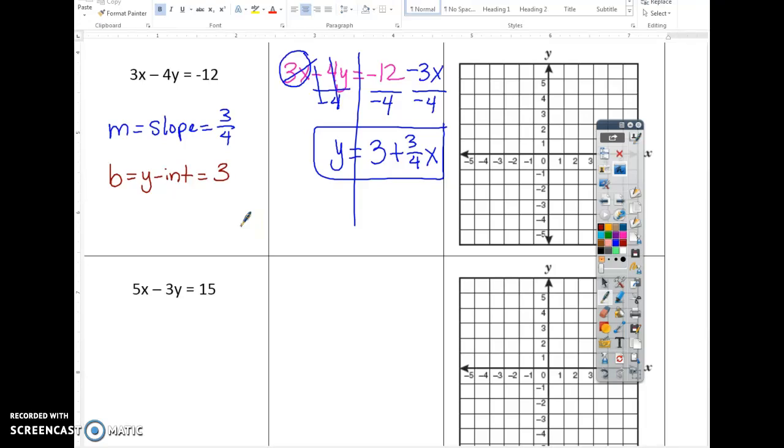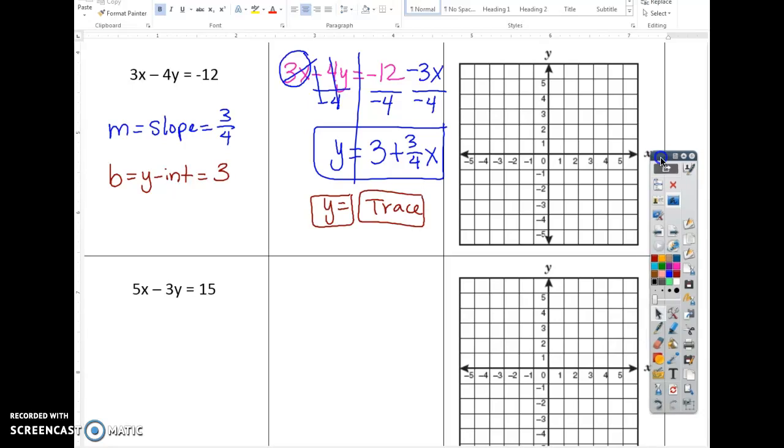Okay, 3 is the y-intercept. So we're going to go ahead and put this equation in y equals trace so that we can graph it over here. Okay, y equals 3 plus 3/4 x, trace, because we need to graph it.